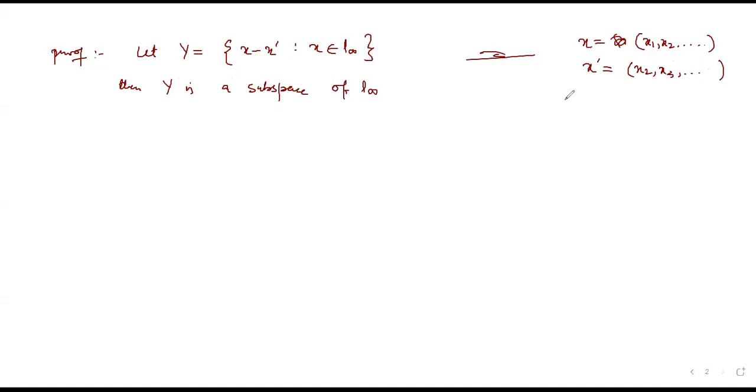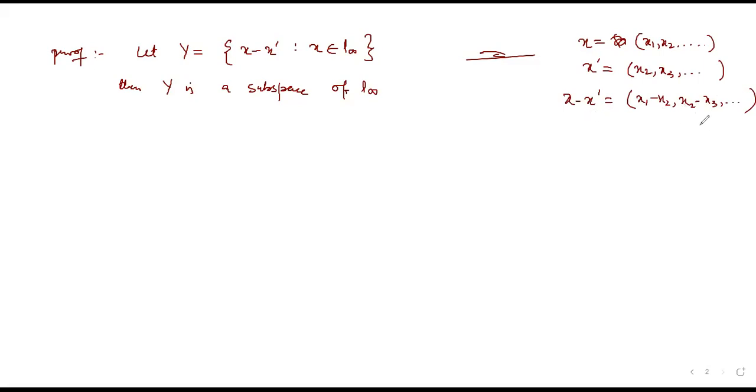So by that I mean, देखो x minus x prime क्या होगा? It would be of course x1 minus x2, x2 minus x3, so on and so forth. ठीक है ना?